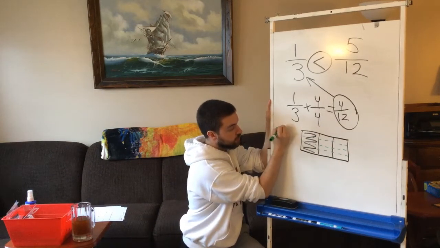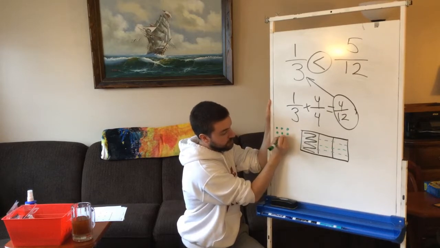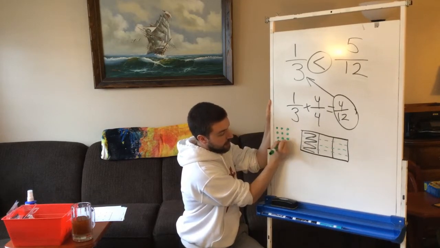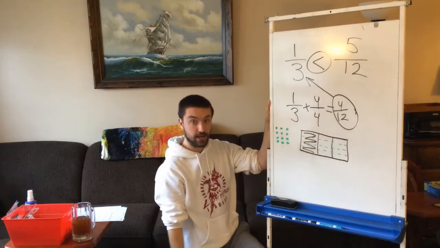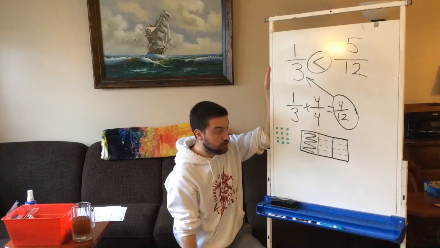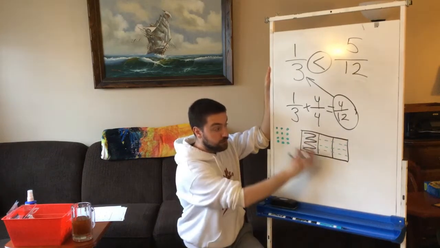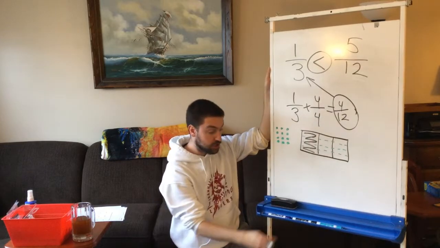To show you that in an array here, this is what we just made out of our fraction. This is what we just made. 4 rows of 3. Now I can look and see, 1, 2, 3, 4 out of 12. There's my fraction.